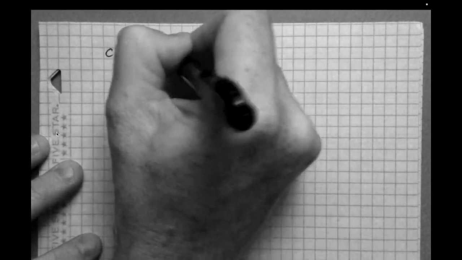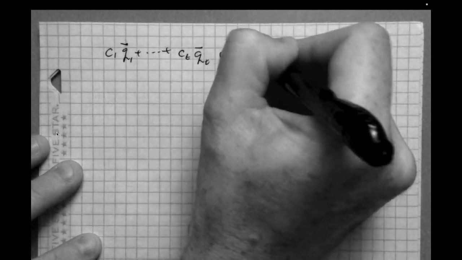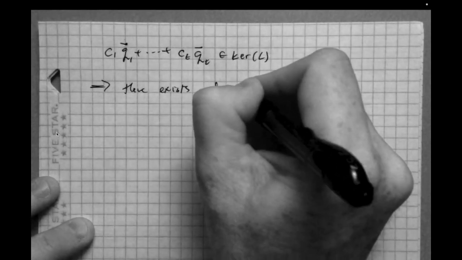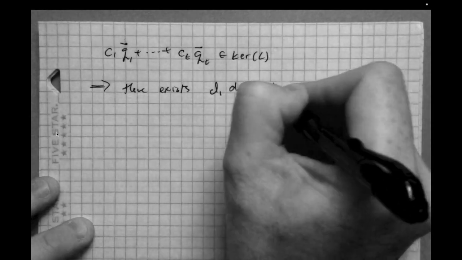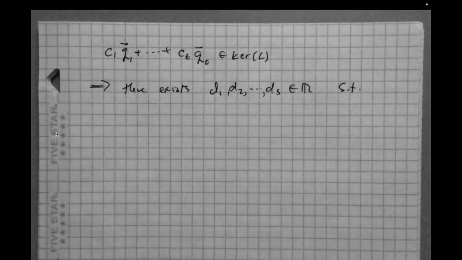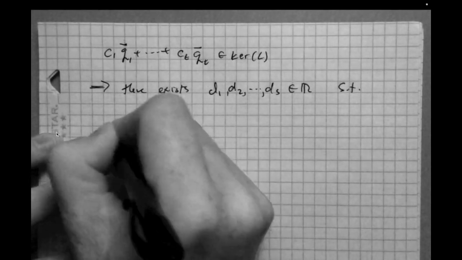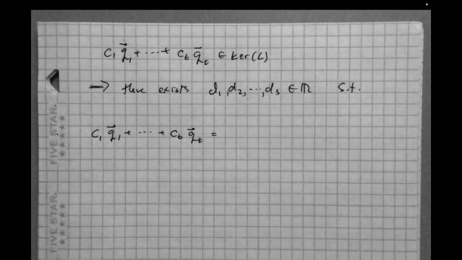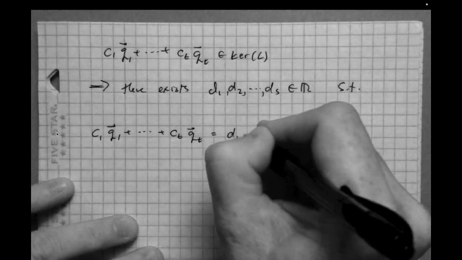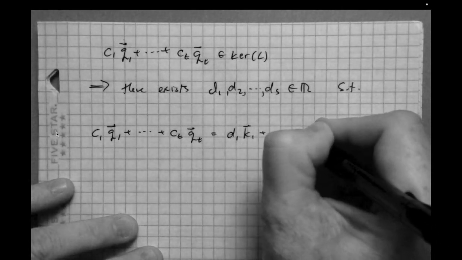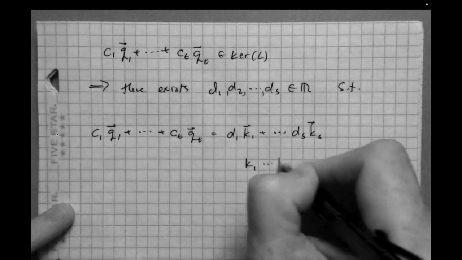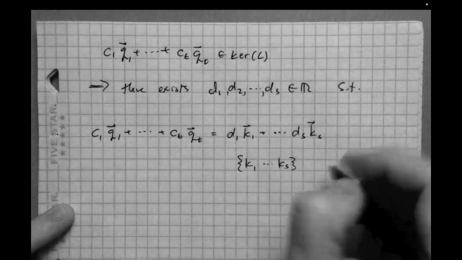C1 Q1 plus dot dot dot plus CT QT must be in the kernel, so there exist D1, D2, dot dot dot, DS, real numbers, such that C1 Q1 plus dot dot dot plus CT QT equals D1 K1 plus dot dot dot DS KS, where K1 dot dot dot KS is the basis for the kernel.